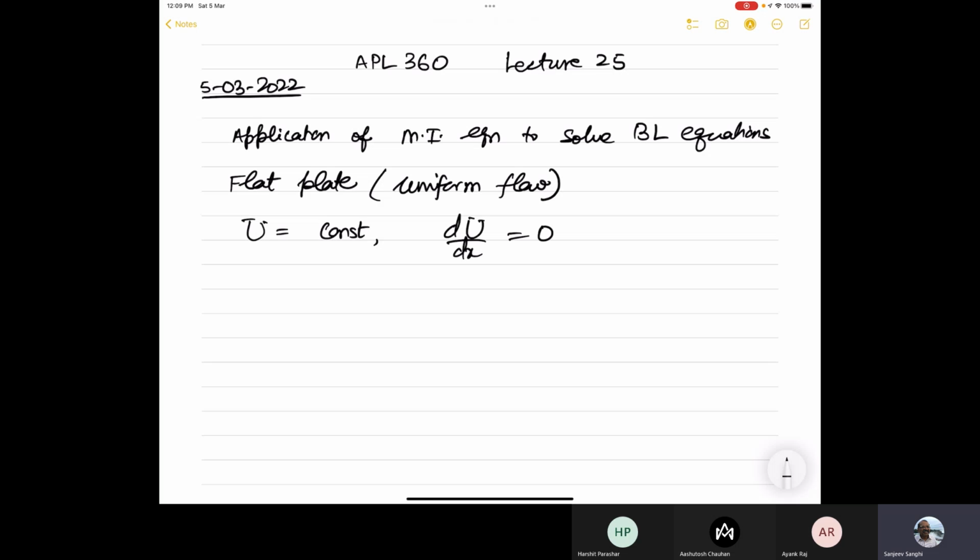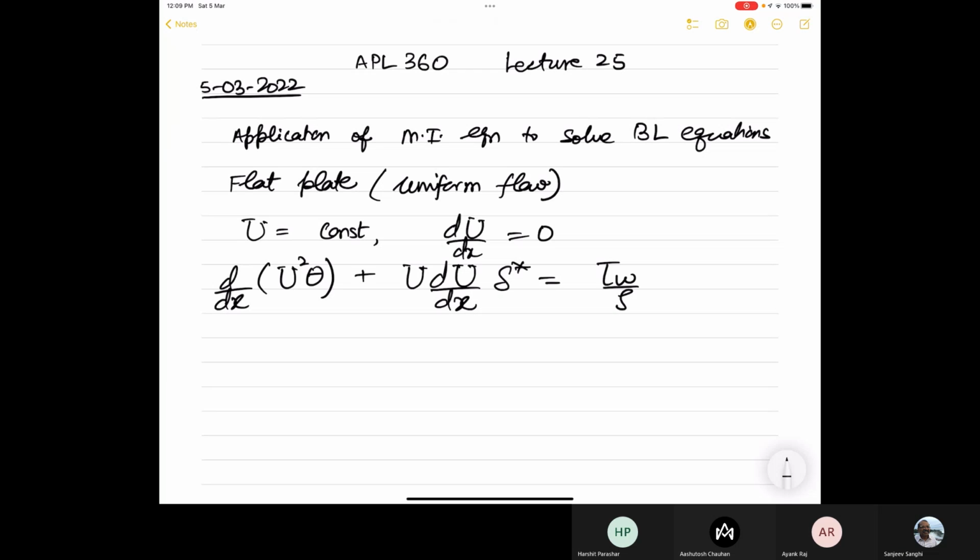du by dx is 0, and our equation, the momentum integral equation, was d by dx of U square theta plus U dU by dx times delta star is equal to tau wall by rho.